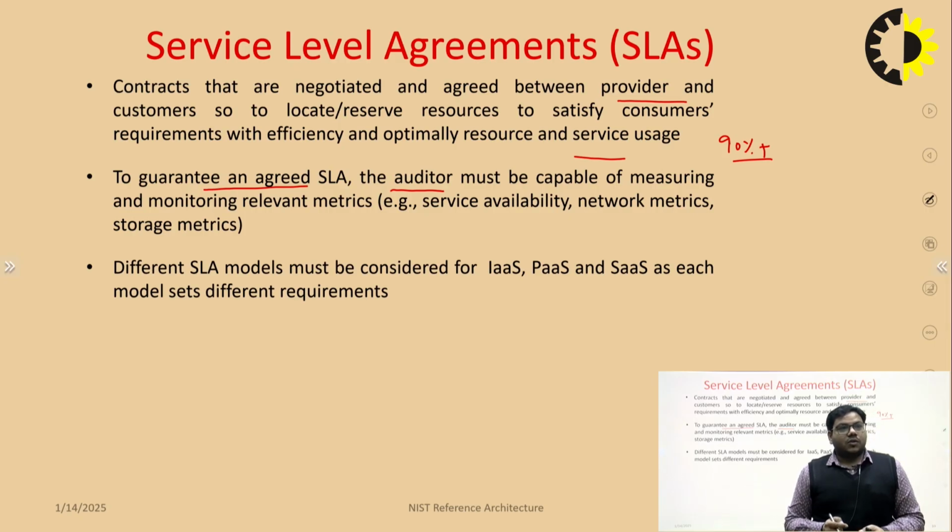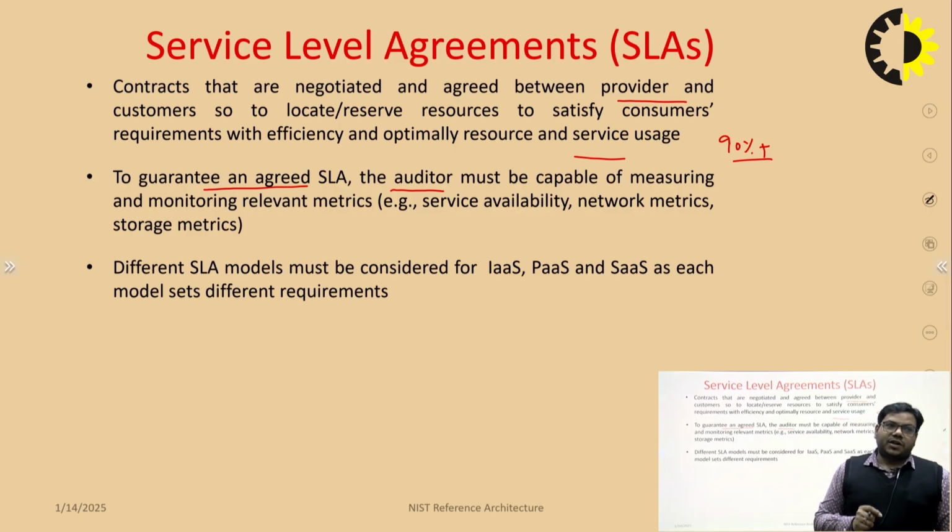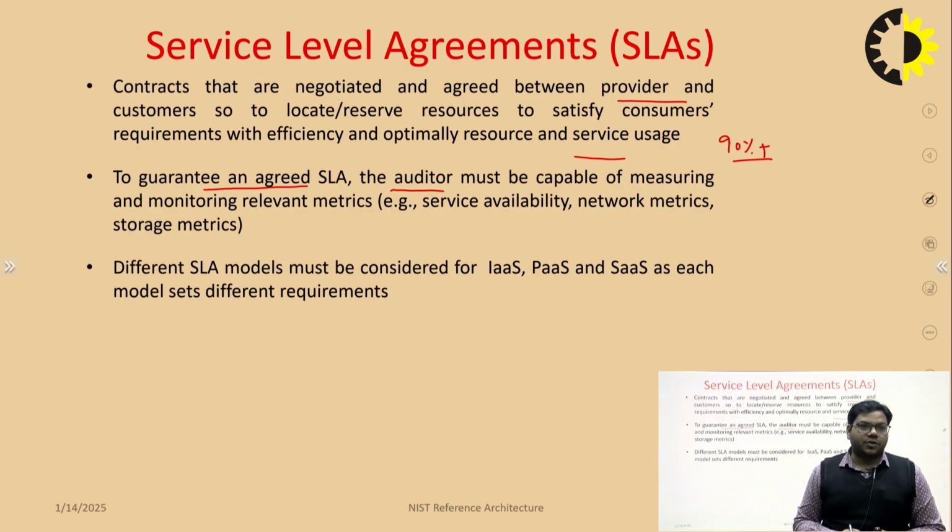Because the cloud consumer is relying on the cloud service provider's commitment, but if the services are not being provisioned as per their commitment, its whole operation is going to suffer just because of the negligence of the cloud service provider.